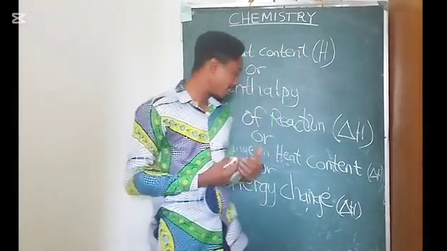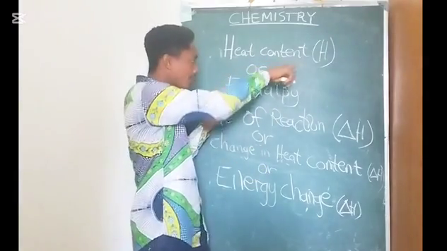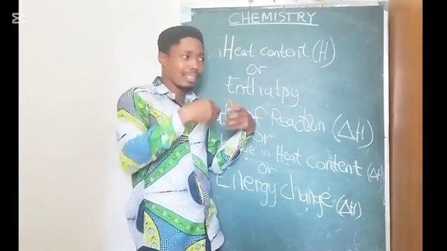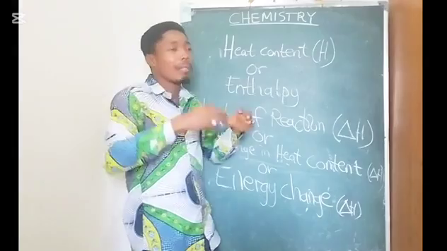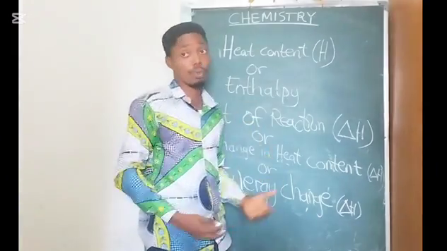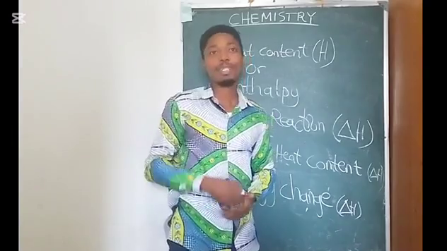It's important to note that I said you cannot easily measure the heat content of the reactant and the product. You can't easily measure the heat content, but it can be observed, due to heat, light and heat, sound and heat, and the rest of it.